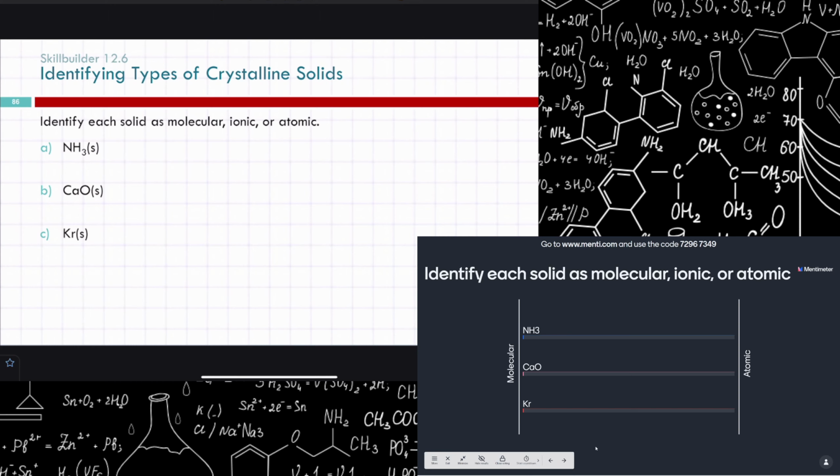So we just want to identify each solid as molecular, ionic, or atomic. And you can use the same rules here that you would for nomenclature. So if you would name it as a molecular compound, then it's a molecular solid. If you would name it as an ionic compound, it's an ionic solid.